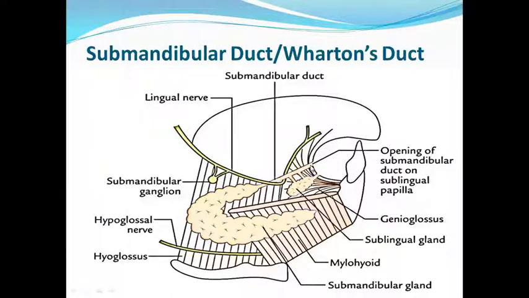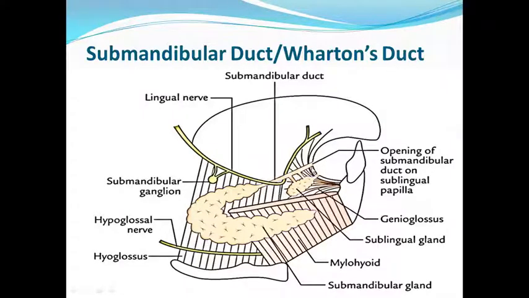It will run anteriorly, and at the anterior border of the hypoglossus muscle, you can see this duct is crossed by the lingual nerve. This is the anterior border, this is the posterior border of the hypoglossus muscle. And it basically opens at the floor of the mouth.